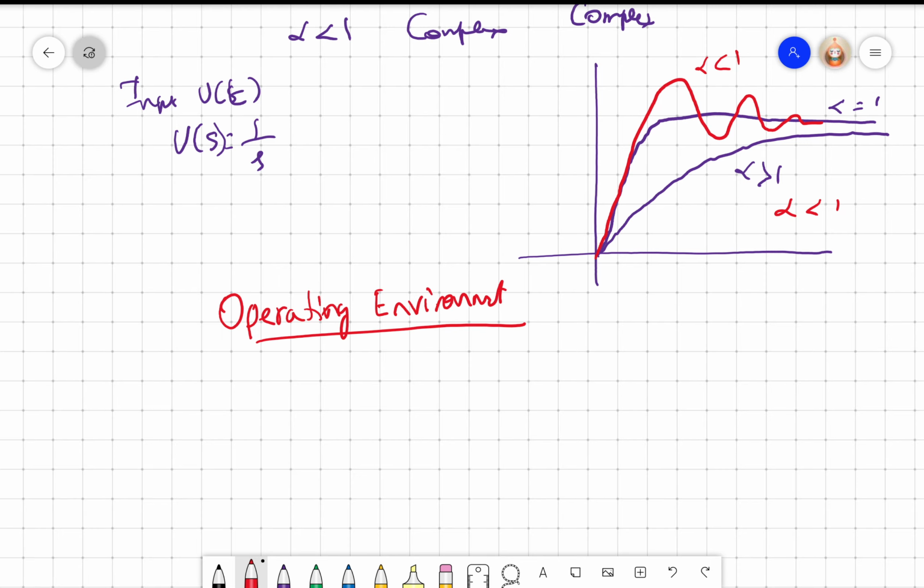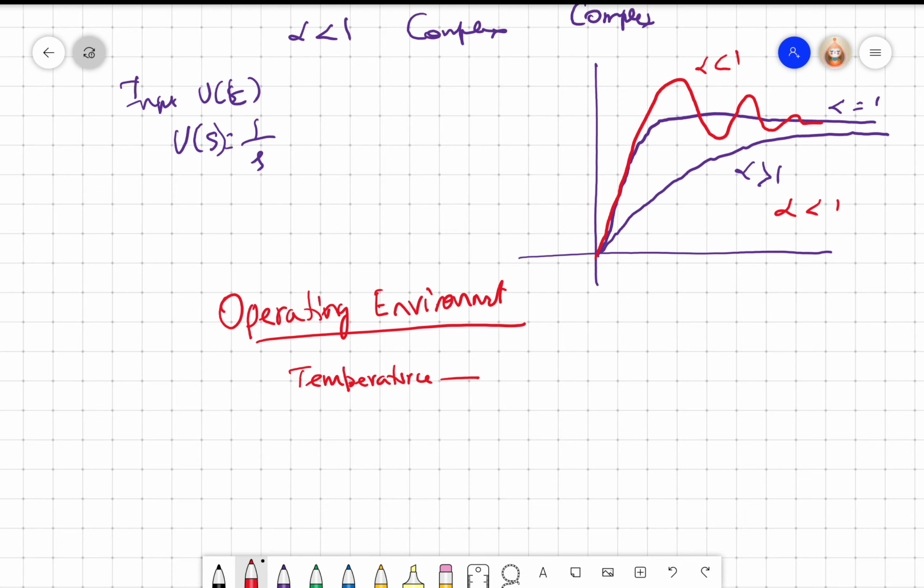For example, a transducer can work only within a range of temperature, right? So environment, we have temperature. The transducer can work only from 0 degrees to 50 degrees centigrade, otherwise it won't work. Or sometimes we really need a transducer that will work up to 600 degrees centigrade.